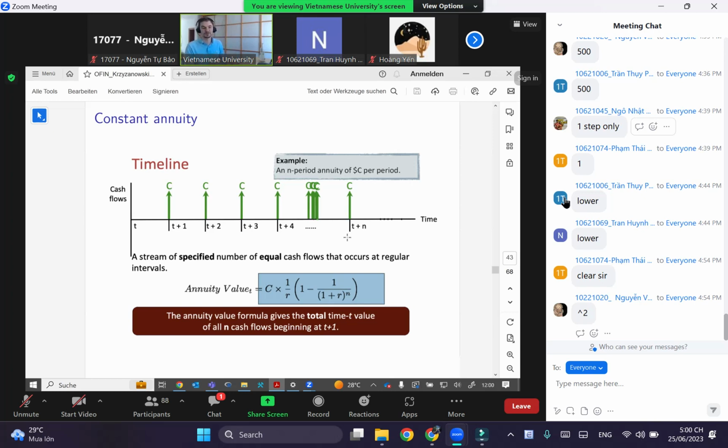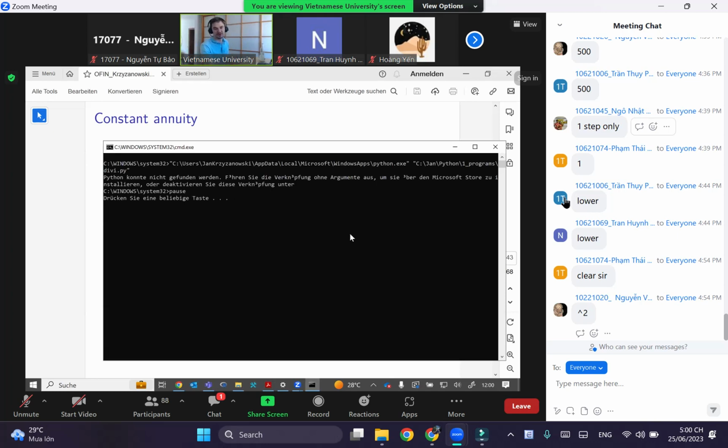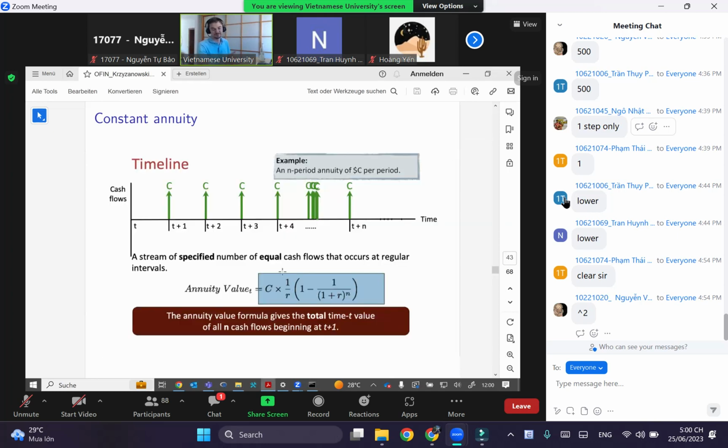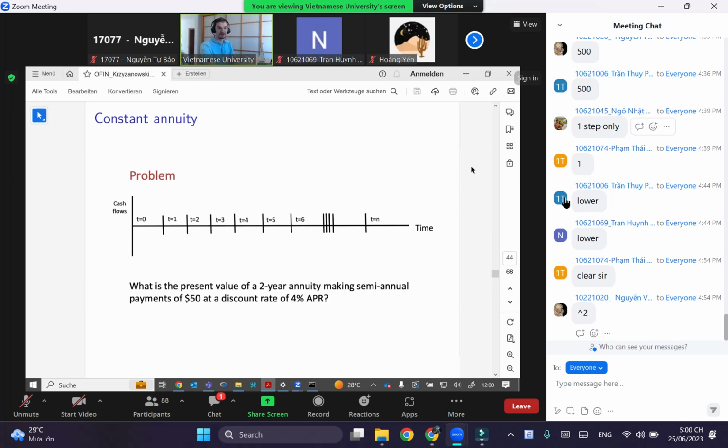What is the quality of those mortgages? So these are standard terms to be used. And therefore, in different contexts, not only in corporate finance, but also in banking and so forth, you might come across those terms. The term annuity should be familiar to you. That was a constant annuity.